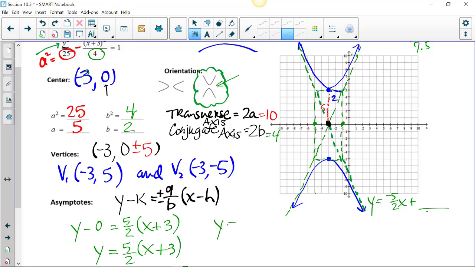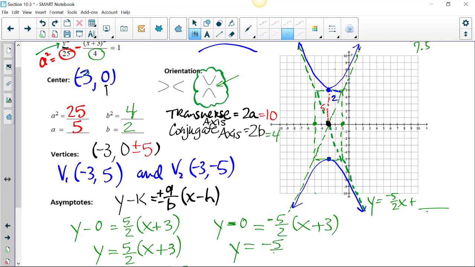-7/2. Now, does that always happen? No. So I have, once again, y minus 0 is negative a over b, or -5/2, times x plus 3. So the only thing you have to really change is the slope and then what you get after you distribute.